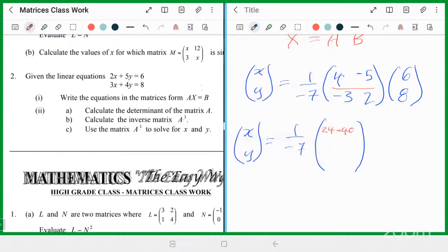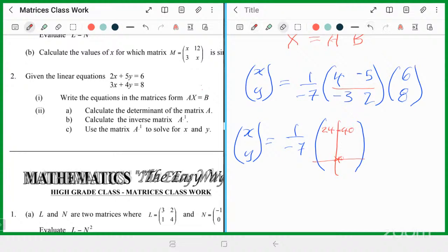The next value down is positioned in the second row under one column. It means we multiply the second row by the one column, the same way again: first element times first element, second element times second element. So it's minus 3 times 6 and 2 times 8.